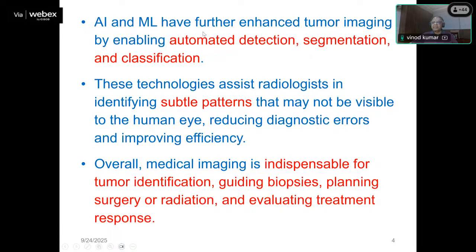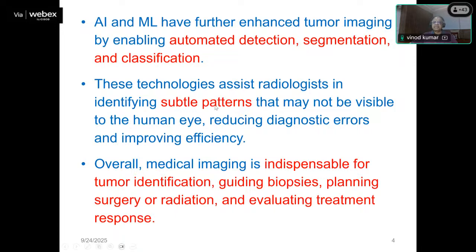So AI and ML are very helpful in studying the tumors because the detection is quite automated and it does the segmentation also. No human intervention is required, and it even helps in classification of the tumor.